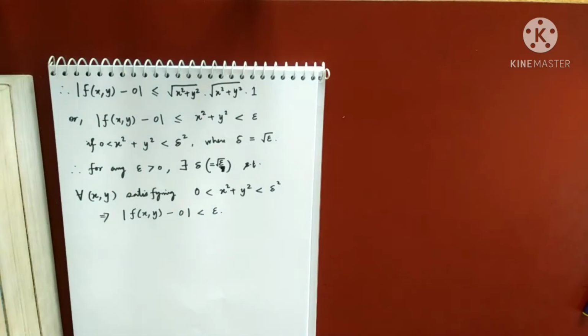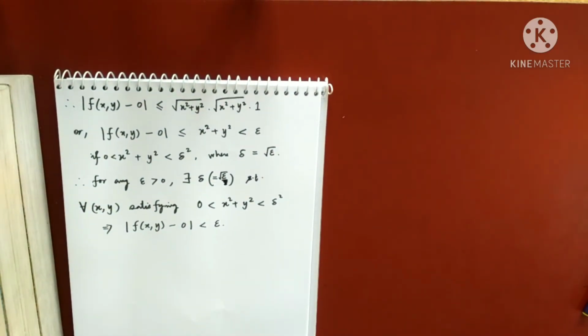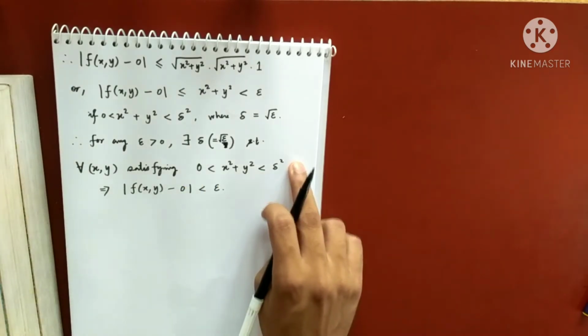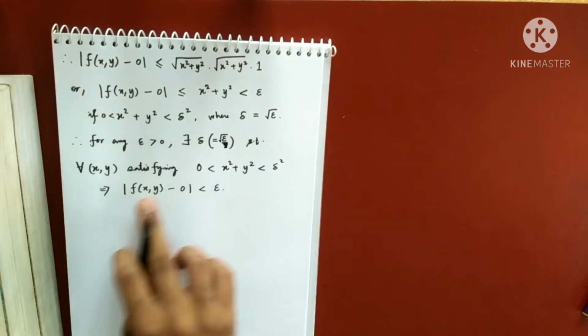So give me any positive number epsilon, I can find a delta which is root of epsilon, such that for any (x,y) satisfying this and lying in the domain, this will hold.